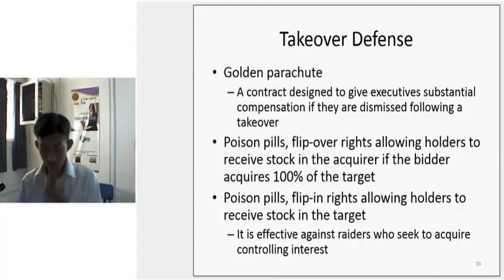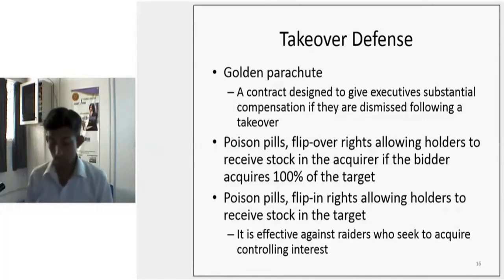In the US, these poison pills are very famous, and one of them, again, which I was explaining, is golden parachutes. There are a lot of types of golden parachutes and poison pills. This one I also explained: poison pill flip-overs, allowing the holder to receive stocks in the acquirer if the bidder acquires 100% of the target.